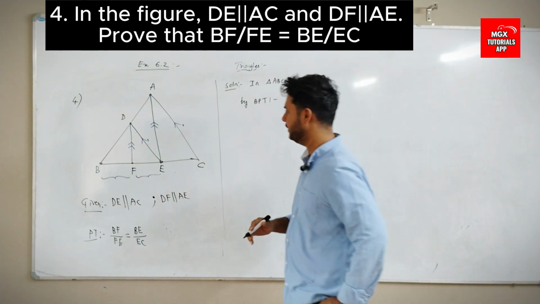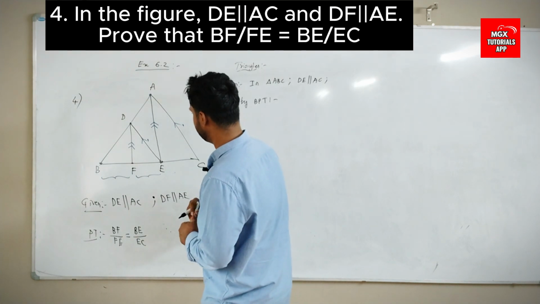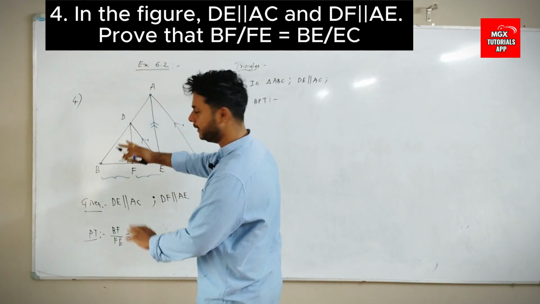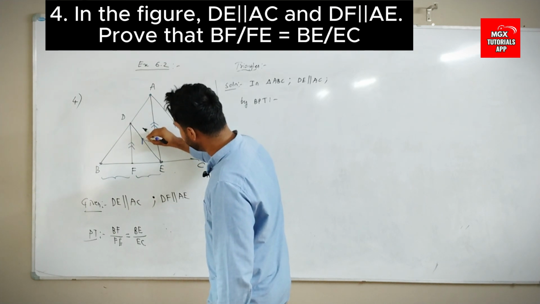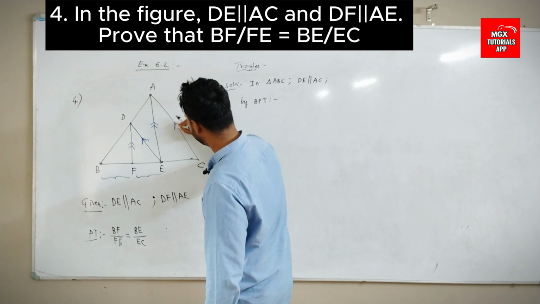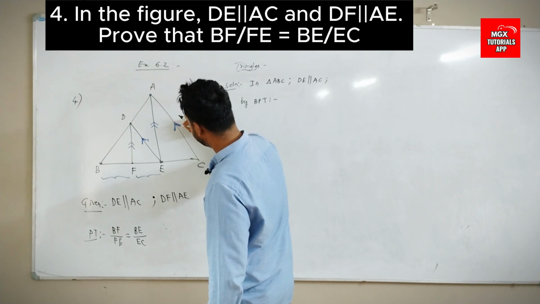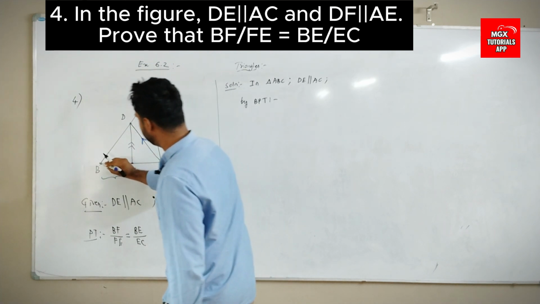BD by DA. See here, see this one. Leave everything, just see this line and this line. DE is parallel to AC. Just see this line and this line, and this is a triangle.